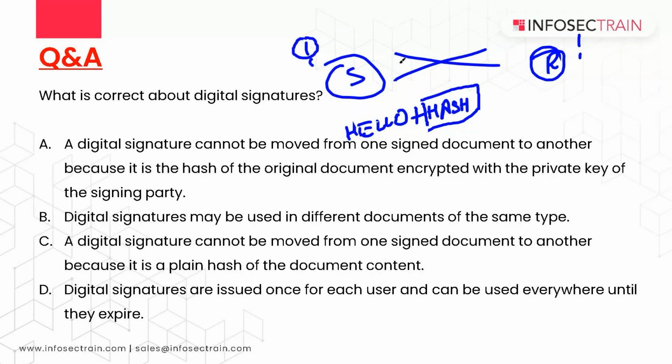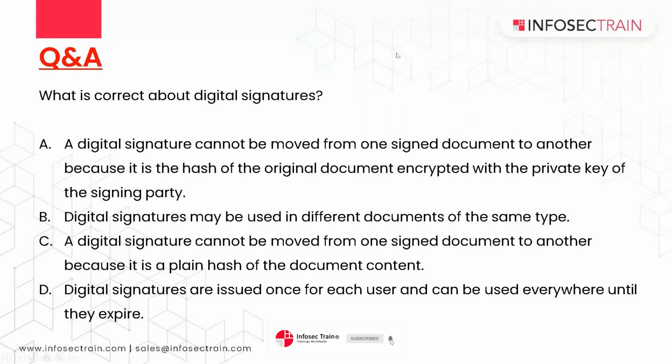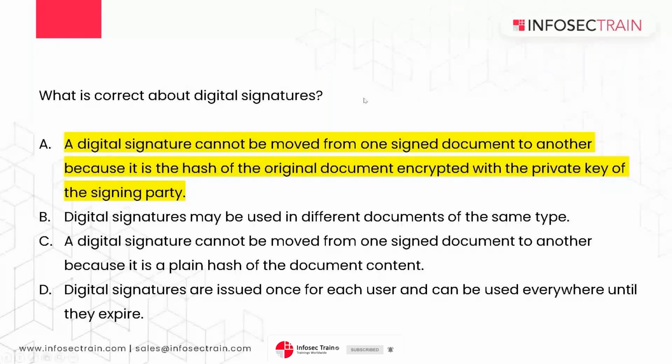This ensures that the signature is unique to the specific content of our document, and it cannot be transferred to another document without access to the private key. So that is why option A is the correct one.